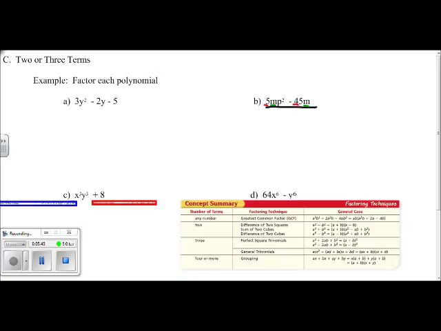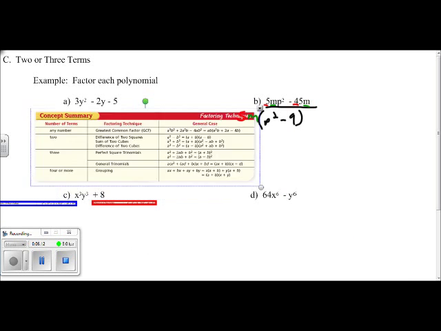So if we take out 5m first, that would leave us with p squared minus 9, because that's what's left: 5m p squared divided by 5m, and negative 45m divided by 5m leaves the negative 9. So now we have 5m times p squared minus 9, but we're not quite finished.